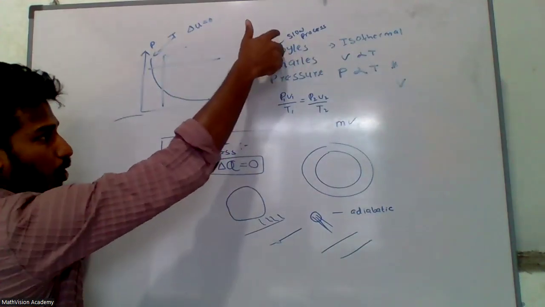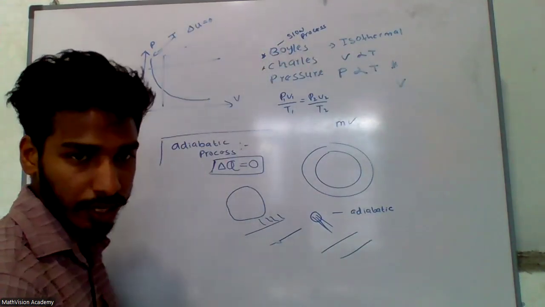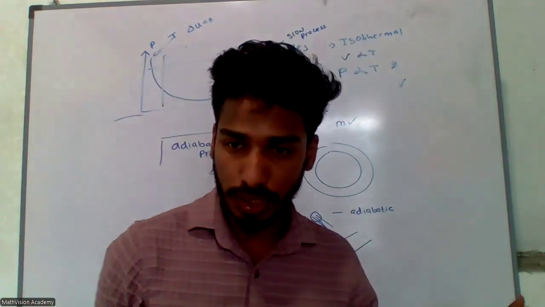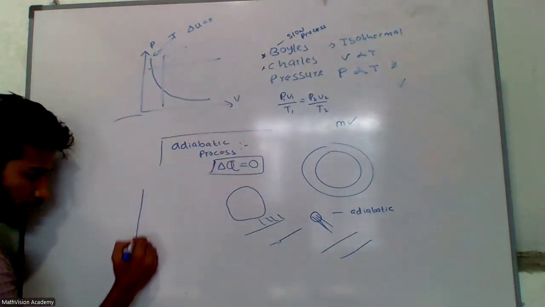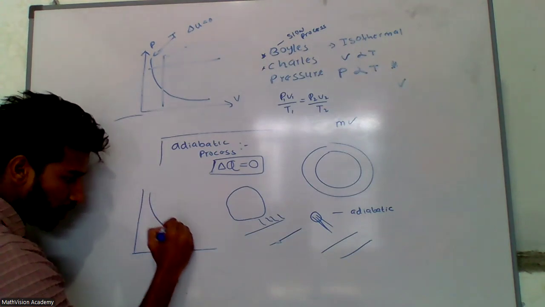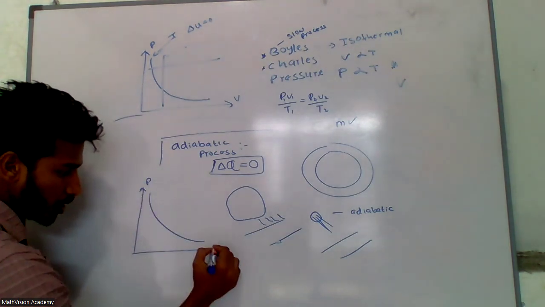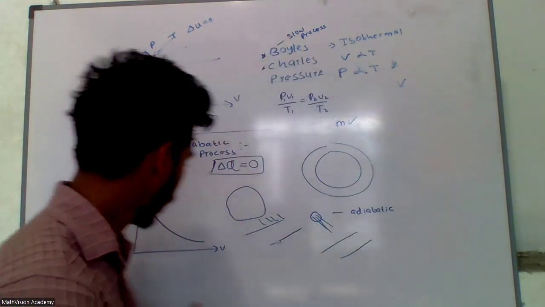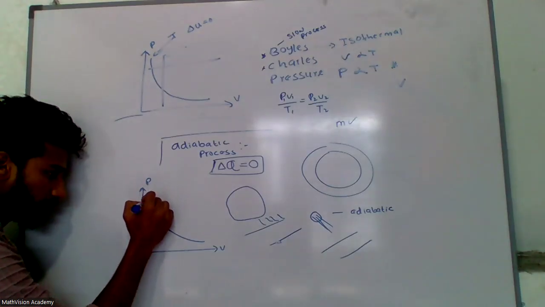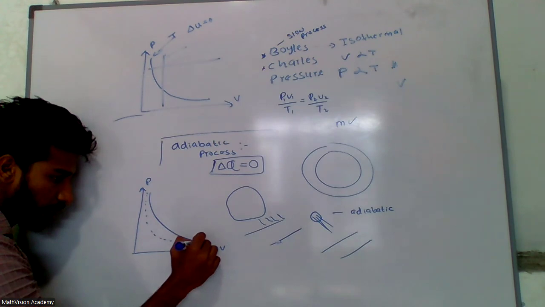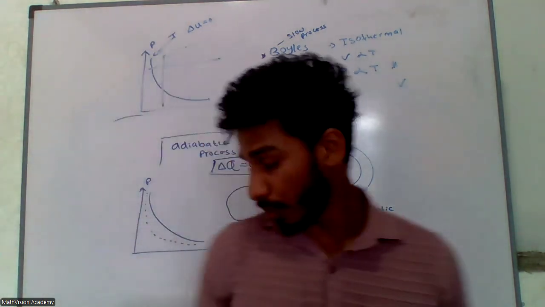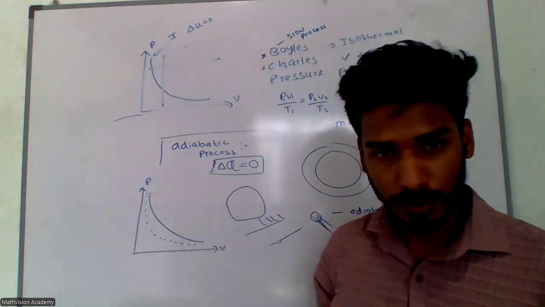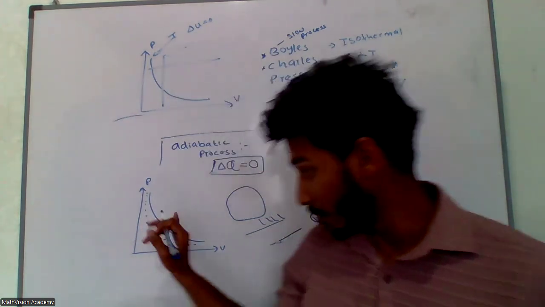And like I have denoted these things in my PV graph, if I start to denote an adiabatic process, now you can see this is my isothermal line. The adiabatic process will be somewhat steeper than an isothermal line. It's somewhat inward to that. So just note these things down.